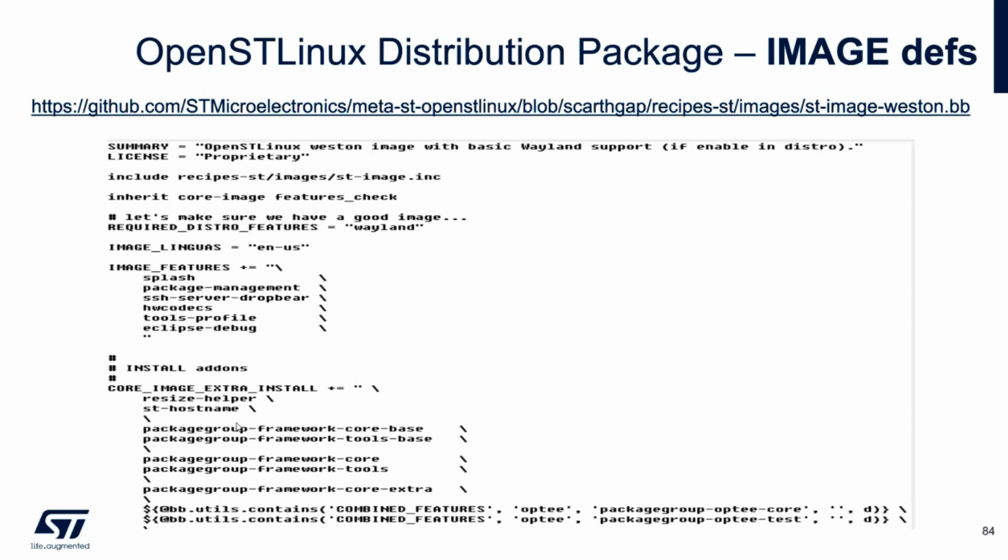We call this a package group to reduce the size of the file. Plus some extra variables. For example, this label, required distro feature, means that you can use this image only in a Wayland system. Image language, US, etc. The license, and the label.